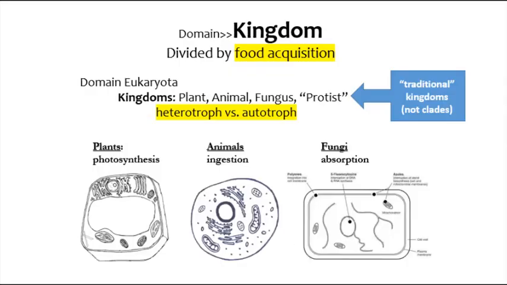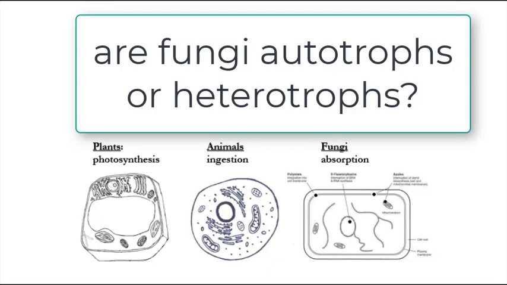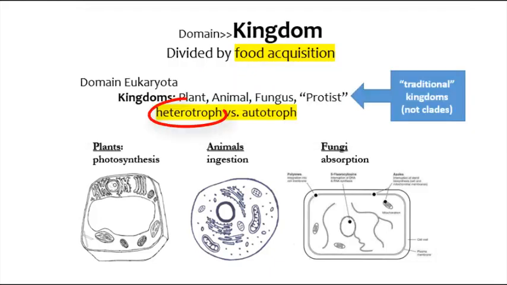Plants are autotrophs. Animals are heterotrophs. What about fungi? Fungi are also heterotrophs. This shared characteristic with animals is important in identifying evolutionary relationships.